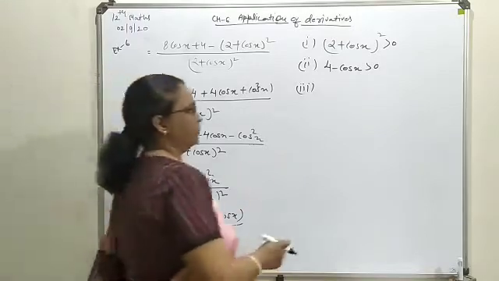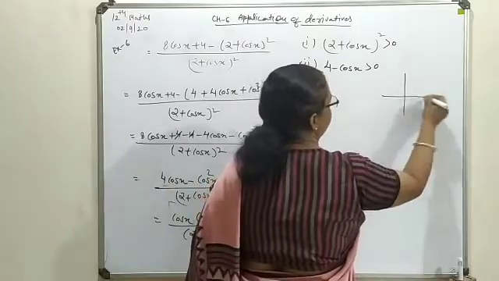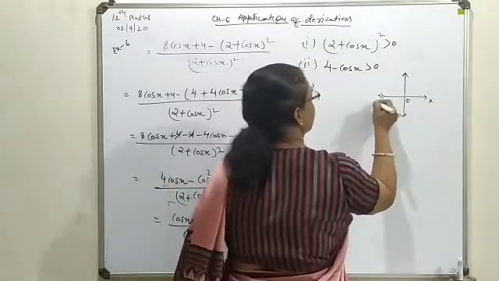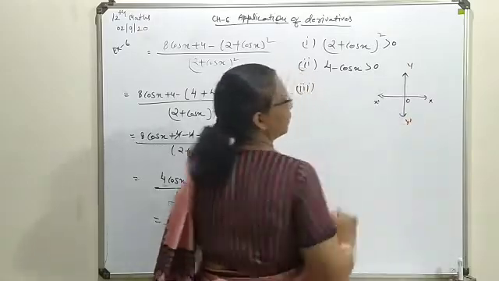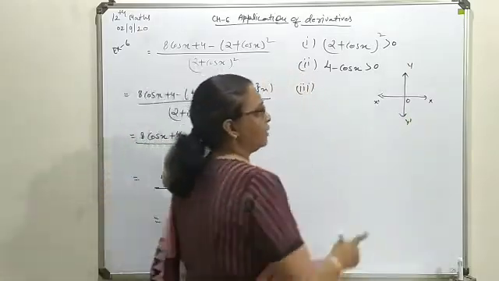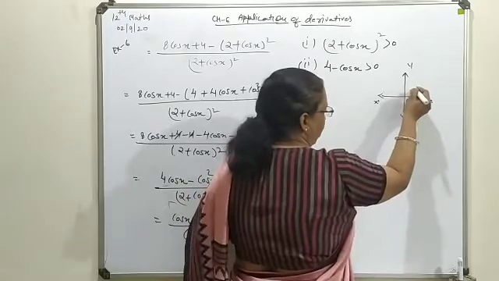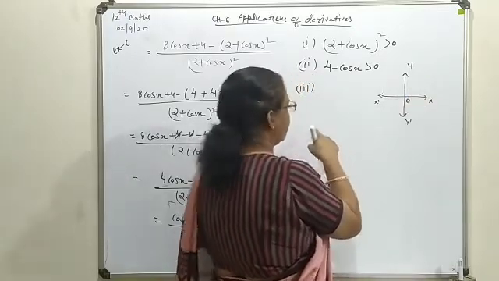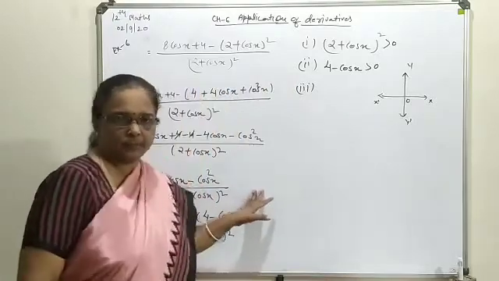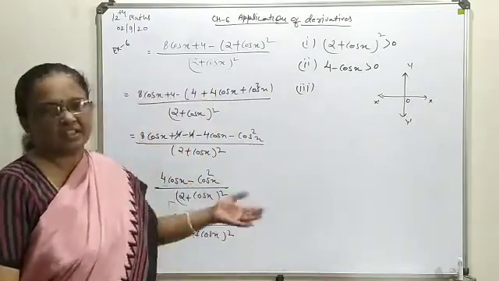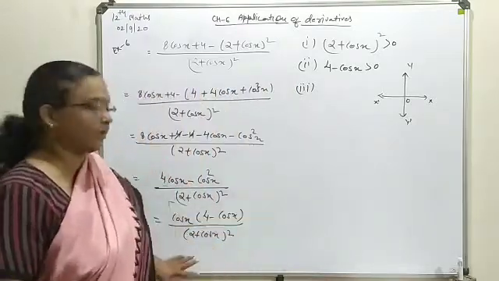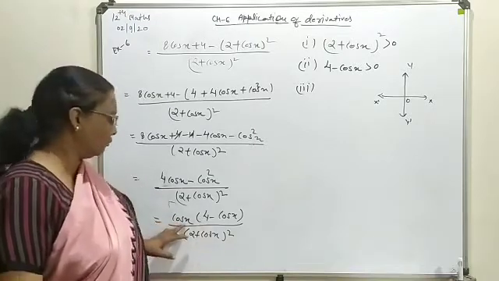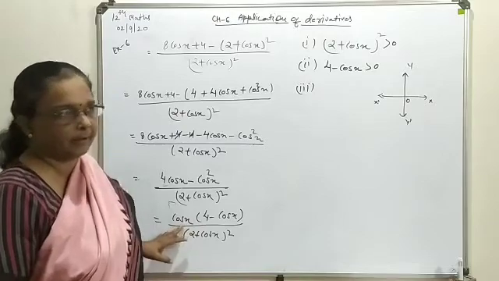So first of all, we know this is our quadrant system. Now in this quadrant system, first we decide the interval for which your function is increasing, meaning f dash x is positive, for which values of x regarding your cos.